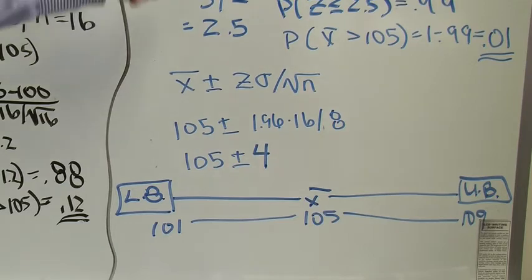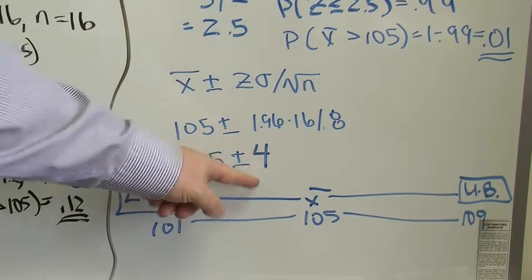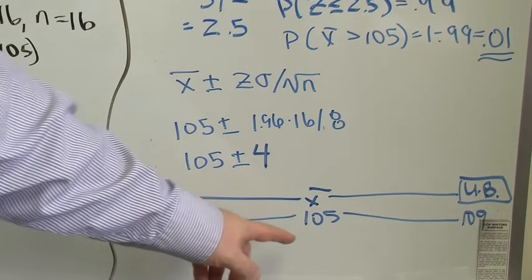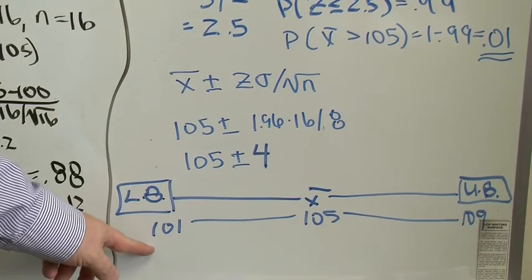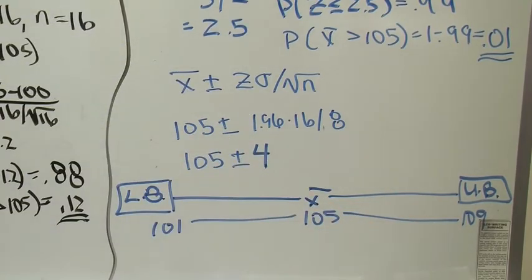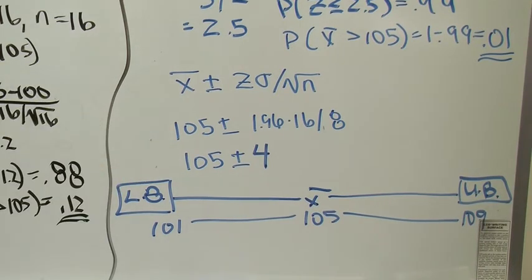If we increase the sample size to 64, our error term is half the size. It goes from 8 down to 4. So now our confidence interval ranges from 101 on the low end to 109 on the high end. Now I picked this value for a particular reason that we'll come back to.